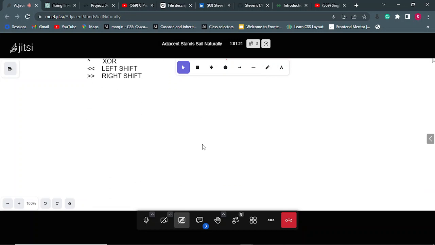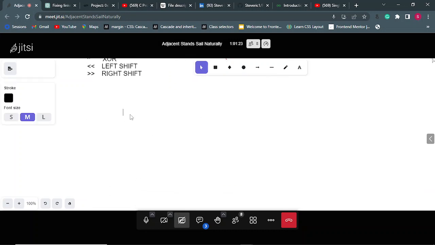So let's start with AND. This is bitwise AND. I want to explain it alongside ternary AND.